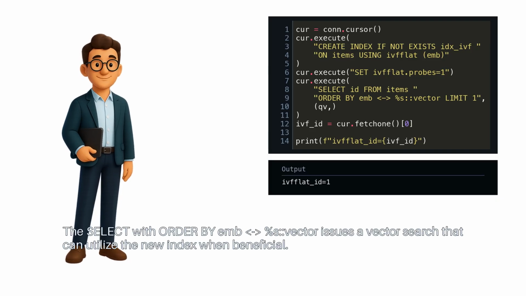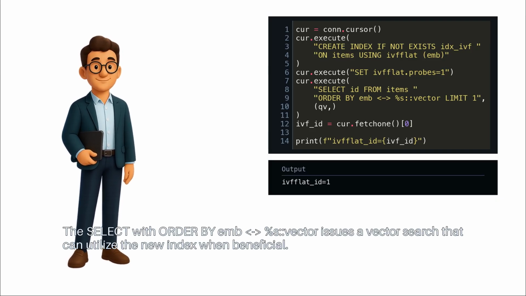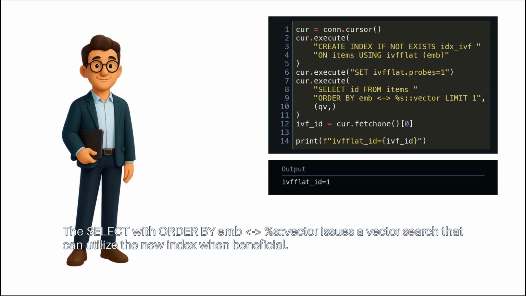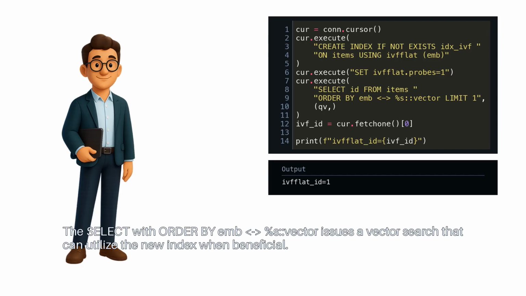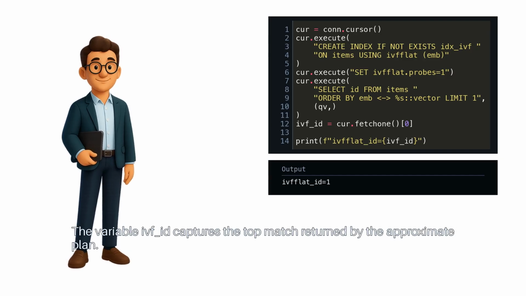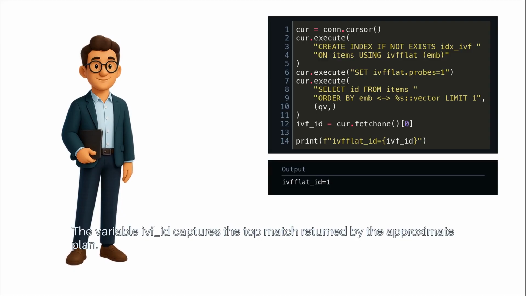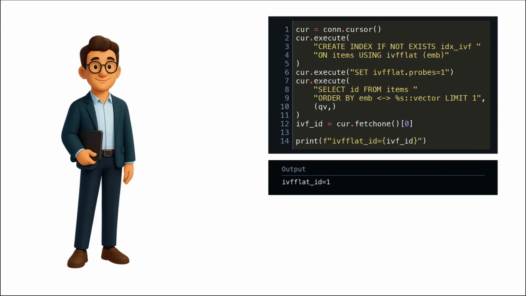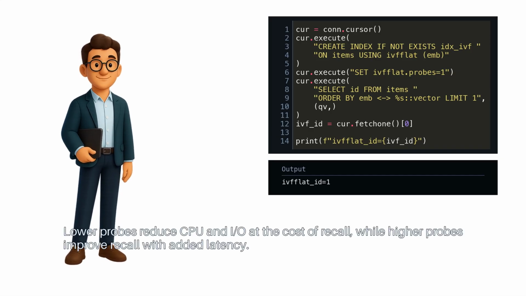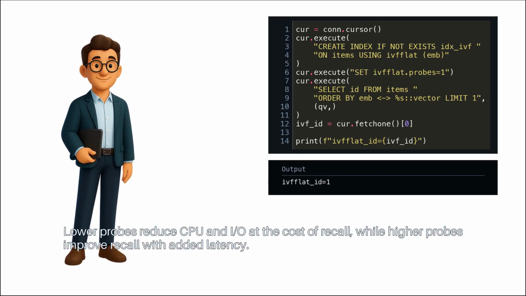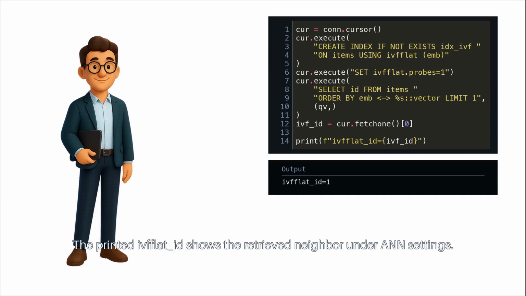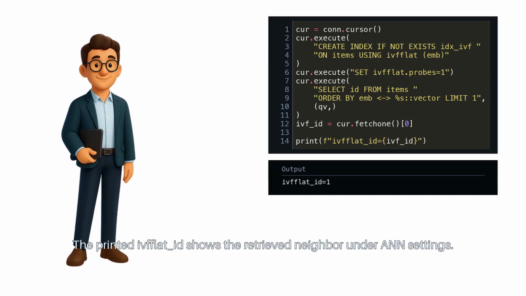The SELECT with ORDER BY emb <-> qv issues a vector search that can utilize the new index when beneficial. The variable ivfid captures the top match returned by the approximate plan. Lower probes reduce CPU and I/O at the cost of recall, while higher probes improve recall with added latency. The printed IVFFlat ID shows the retrieved neighbor under ANN settings.